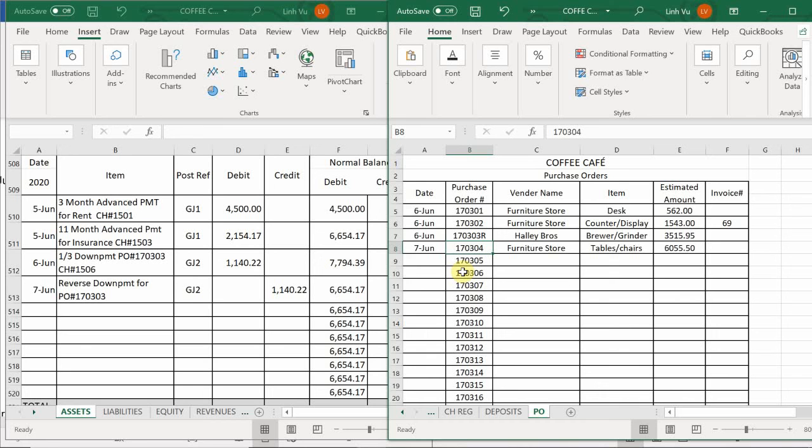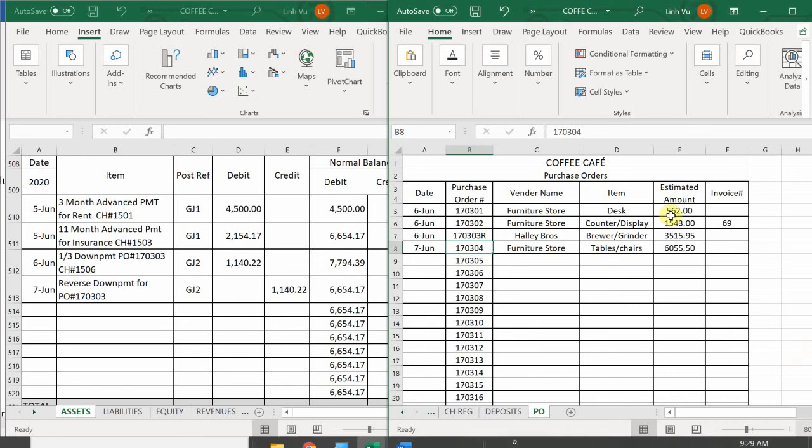Now, of course, I'm not going to have the actual legitimate purchase order per se, but this is just so that I can make a note that I've made revisions to this purchase order and that I'm sending in another down payment for the correct amount. Okay.